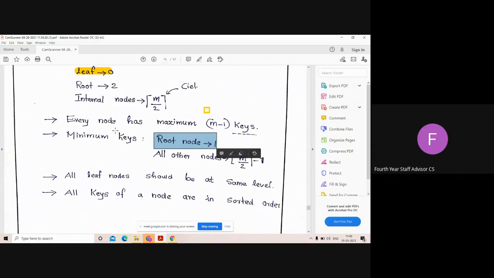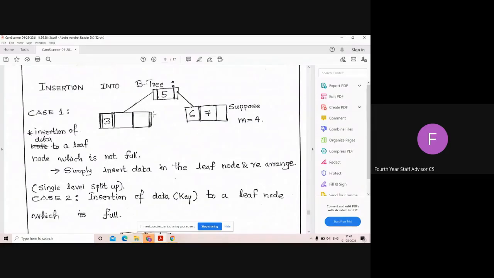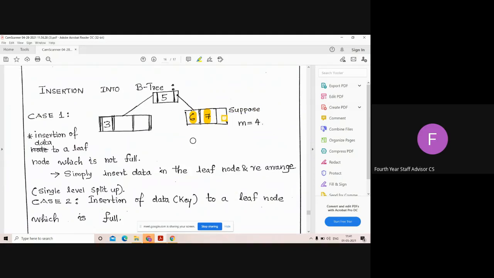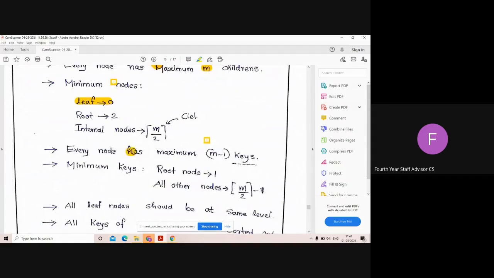Just note it, because usually if you consider a B tree, a node has more than one key, 1, 2, 3, in this way, a different number of keys. And this property says that every node has a maximum of m minus 1 keys.